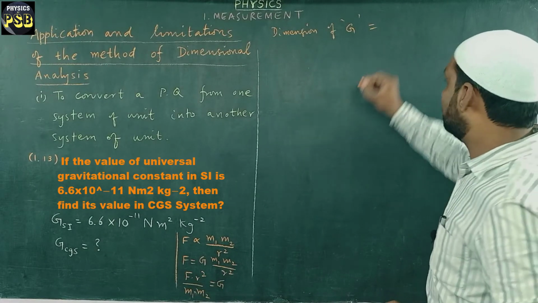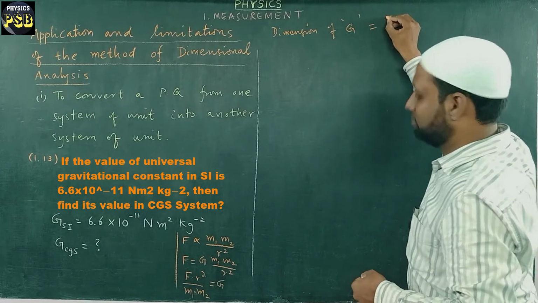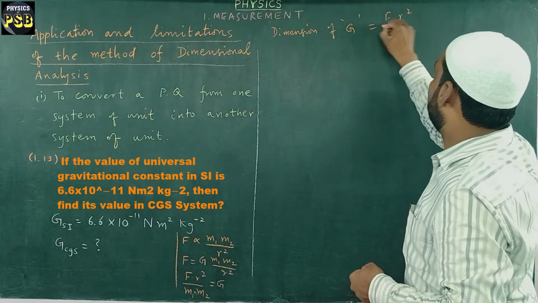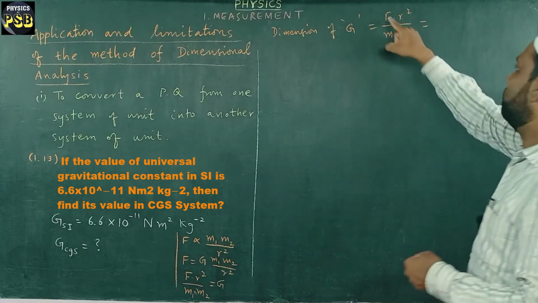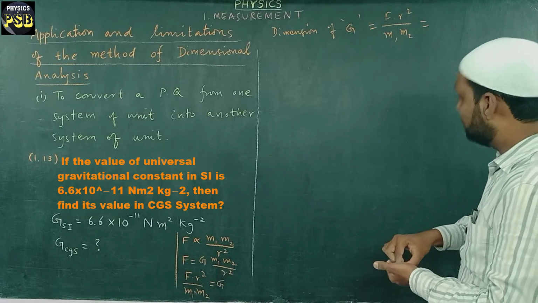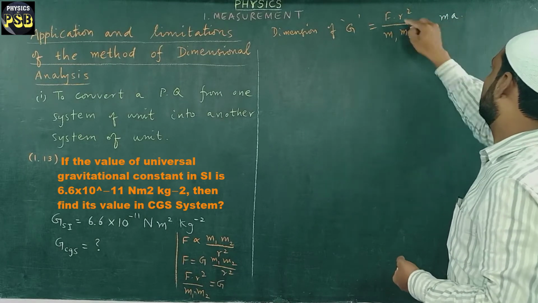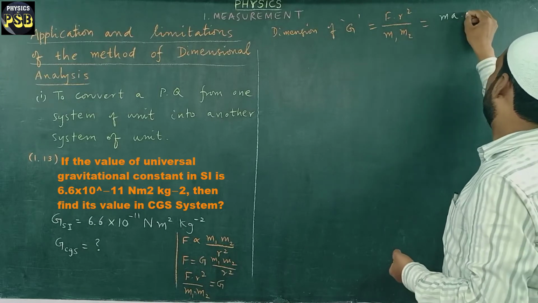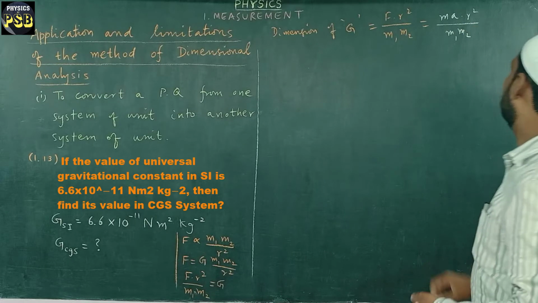For force, write this as F R square upon M1 into M2. Then force is mass into acceleration. Mass into acceleration is force. Then it's taken as such, M1, M2.